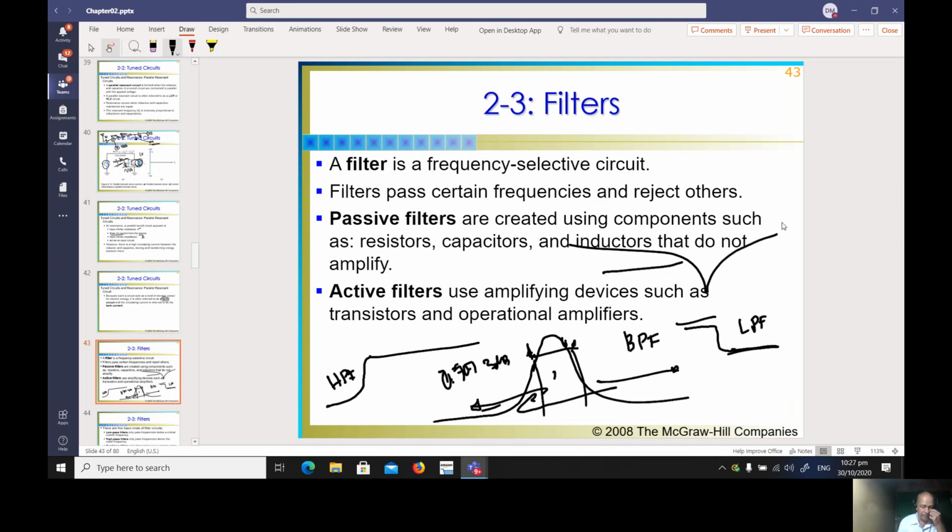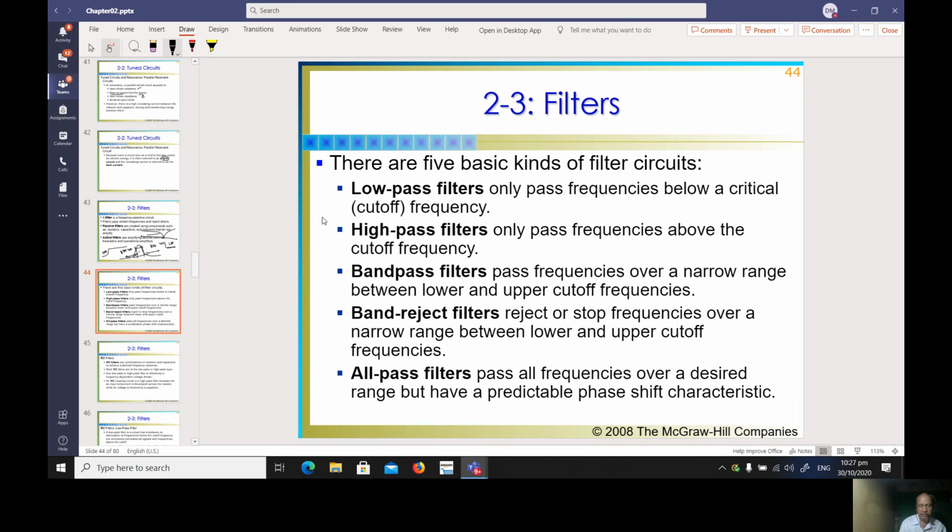You are allowing the lower sideband, and you are allowing the upper sideband, and you're rejecting this certain station. That is band reject. Okay, so there are low pass filter, high pass filter. So we should know saan ito ginagamit, di ba?